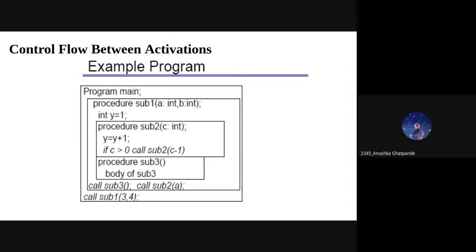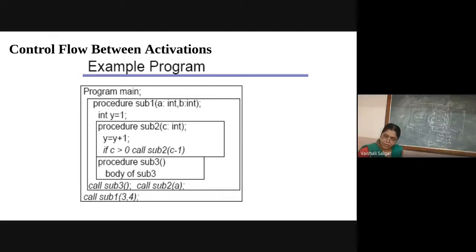Even though you are calling a procedure within a procedure, obviously when there is a call within a procedure, first it will transmit the control to the sub3, and if you are calling the sub2 in this particular example, when my sub2 is called, first control will be transmitted to the sub2, and from sub2 it is calling itself or some other procedure, right? That is the nested procedure call.